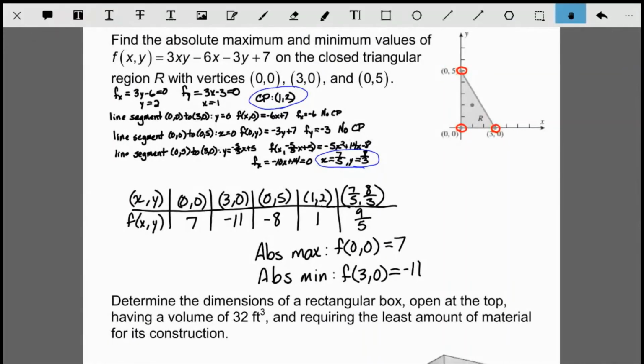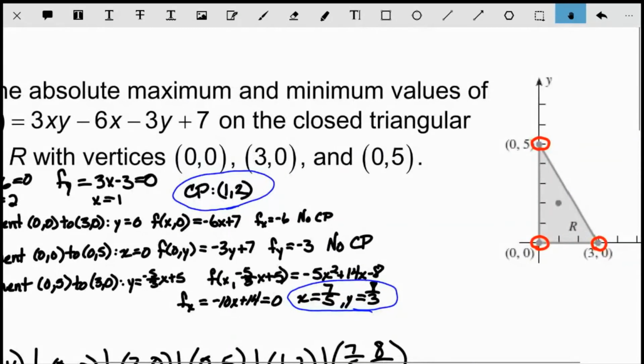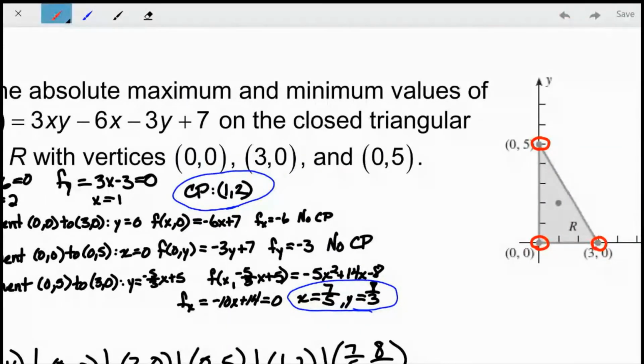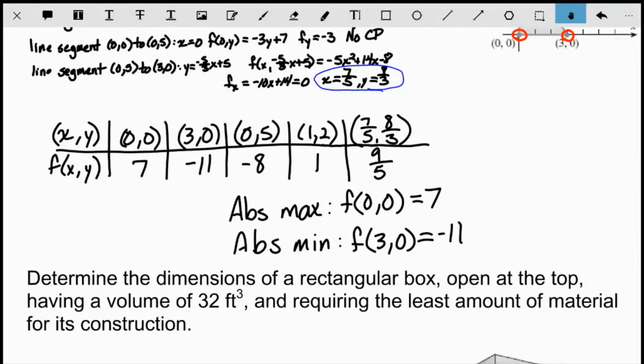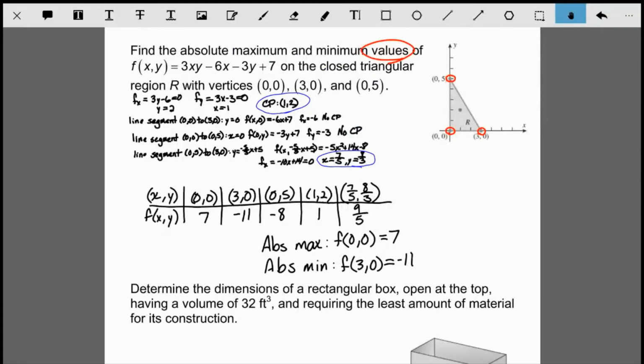Okay, so now notice the way the question was worded. The reason I didn't just give the coordinate here is that the question said find the absolute maximum and minimum values. They asked for the function values, so I want to make sure that as my answer, I give those function values. Overall, as far as the process goes, you can see how this is basically what we did in 2D, extended into 3D, where we're now thinking about critical points and endpoints.